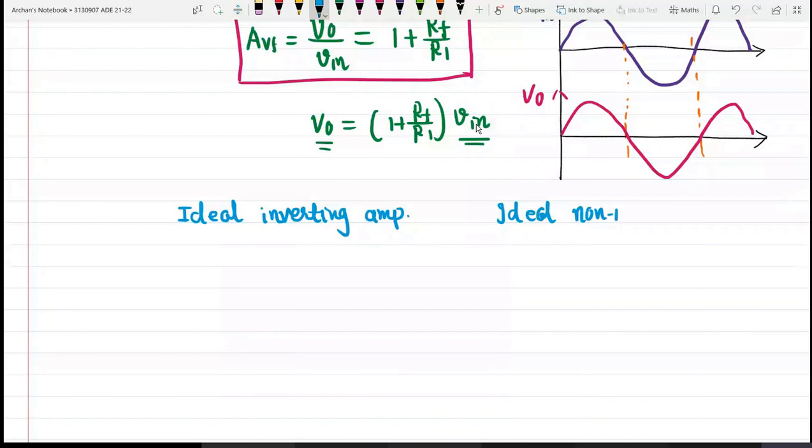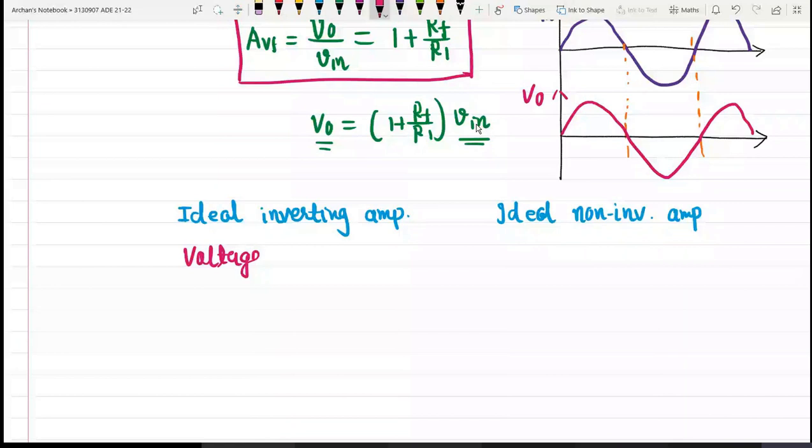The voltage gain will be equal to minus RF by R1, and in case of non-inverting amplifier it is 1 plus RF by R1. This is the first comparison.